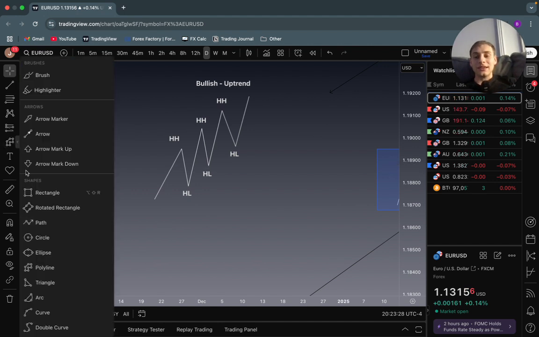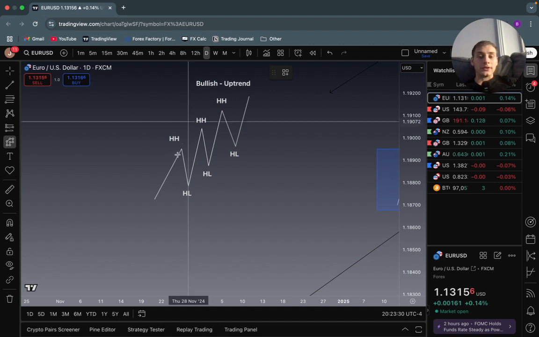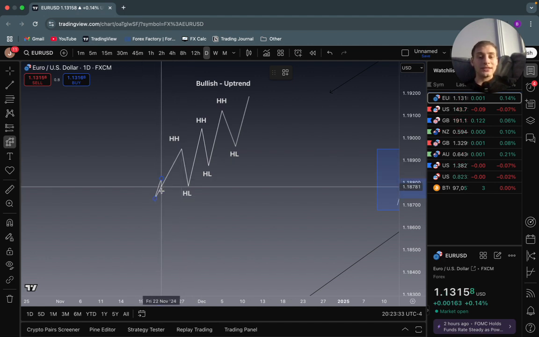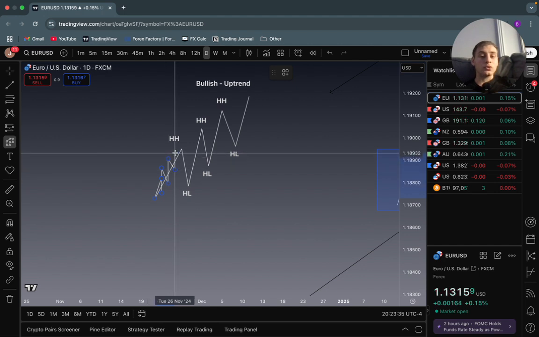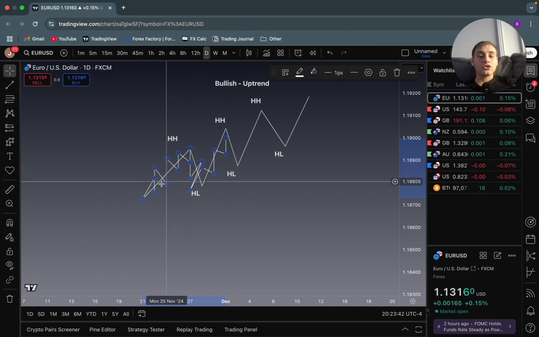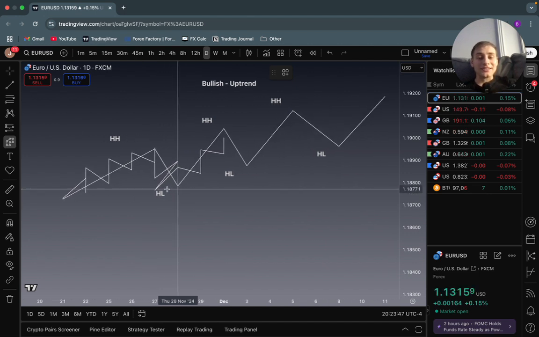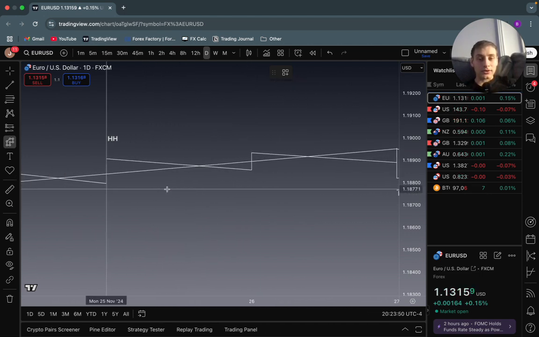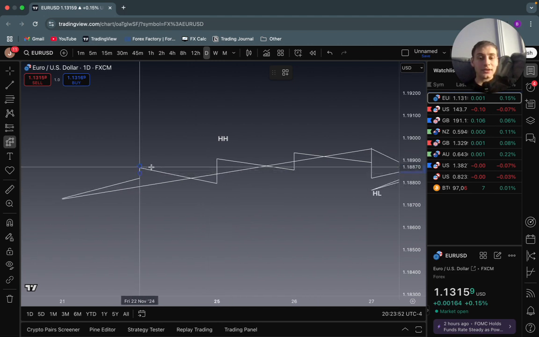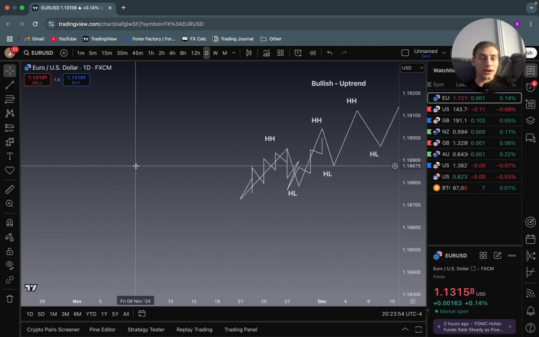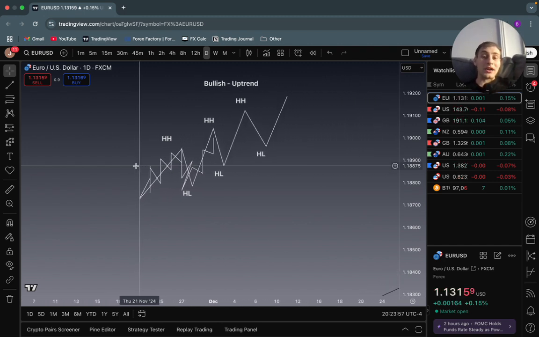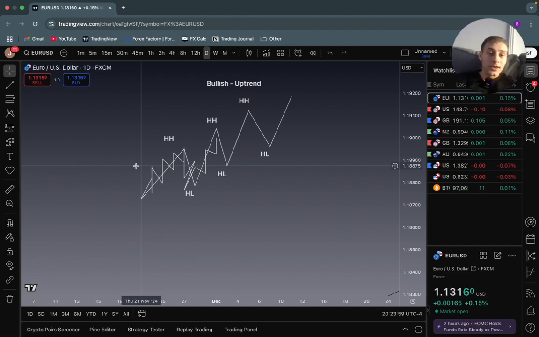If we were to go on like the 12 hour or the 4 hour, we're gonna see that look like this, right? It has its own structure. Sorry, that looks sloppy, guys, but you get the point. Now we're gonna have structure inside of structure. And then again, if we wanted to go even lower inside of this structure, like going to the top, what are we gonna see? Even more structure. It's kind of glitching right now because we're too zoomed in, but you get the point. It's just fractal, and this goes for the same with the uptrend and the downtrend.